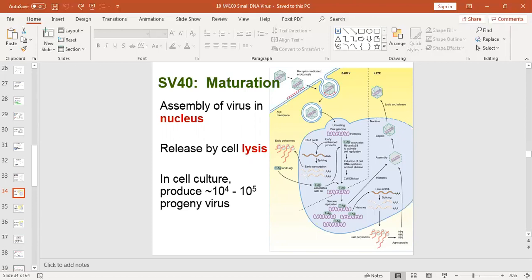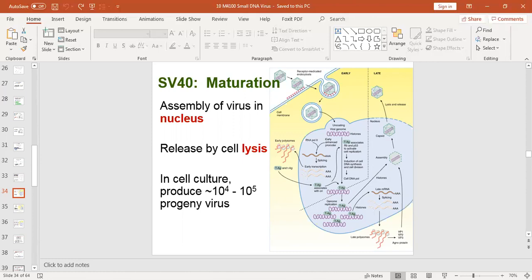VPs are viral proteins; these are structural proteins. At this point, we have genome and we have capsid proteins. They assemble together, the genome is compacted by the action of histones, and the assembled virus will get out of the cell through lysis.